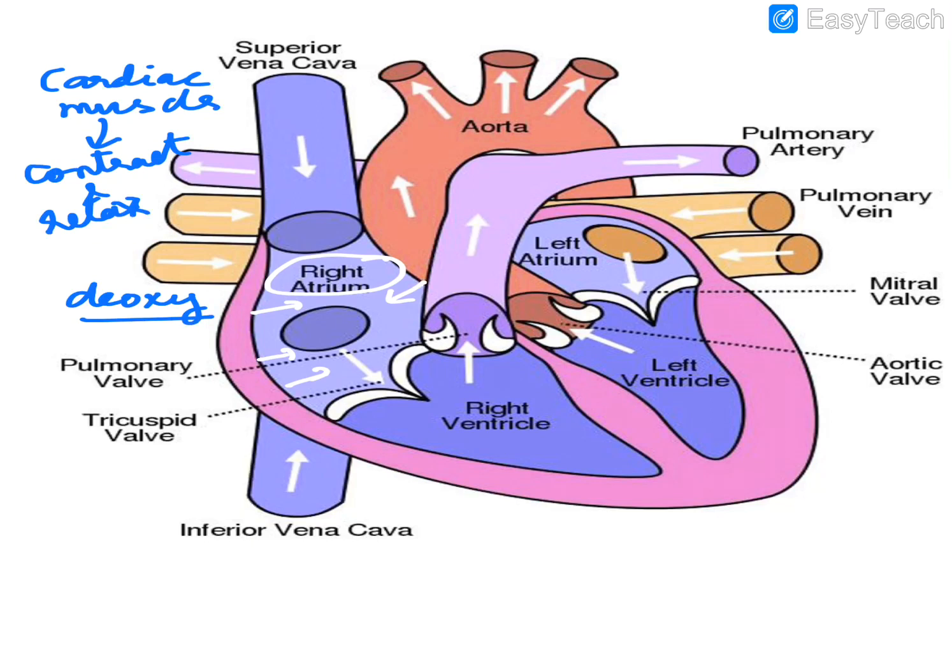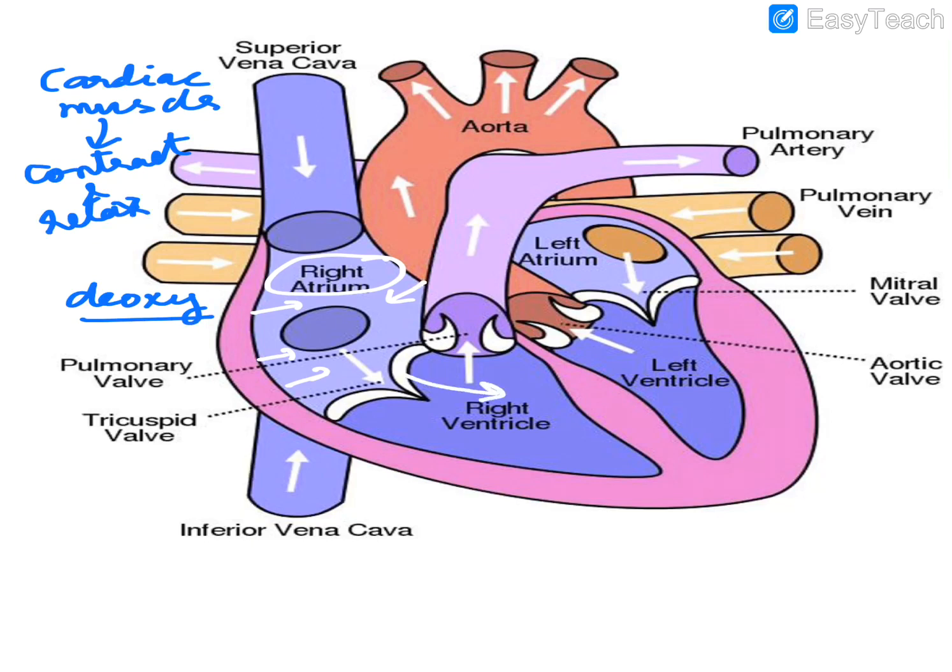So when blood enters into the right atrium, the walls start contracting, and because of this, pressure is put on the blood that is present in the right atrium. Because of this pressure, the blood flows into the next chamber, that is the right ventricle.